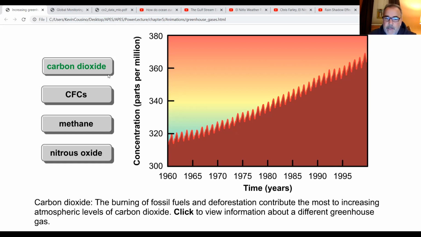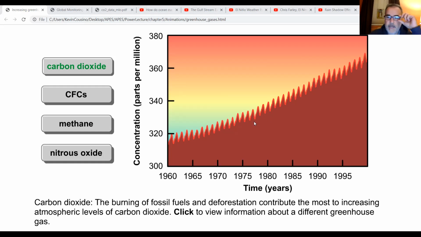So I want to show you something here, because this is kind of interesting. If we take a look at this graph, a couple of things are going on. First, we can see that it only goes from 1960 to about the year 2000, and of course we're well past that, and we can see where it kind of levels off at 360.